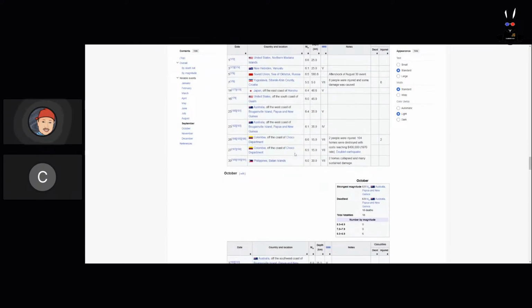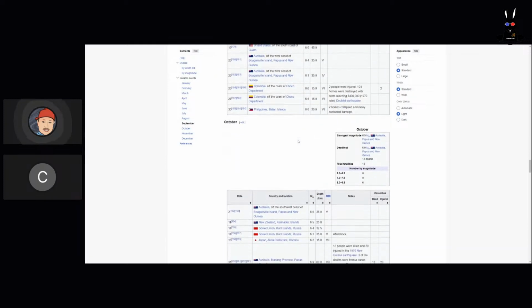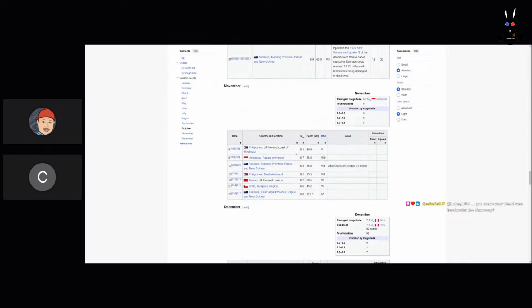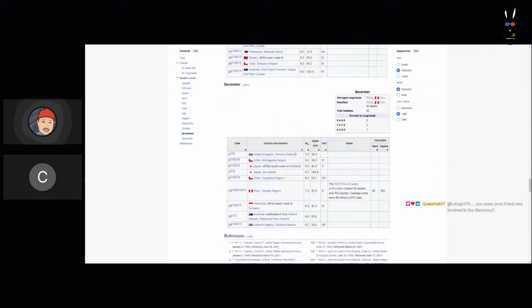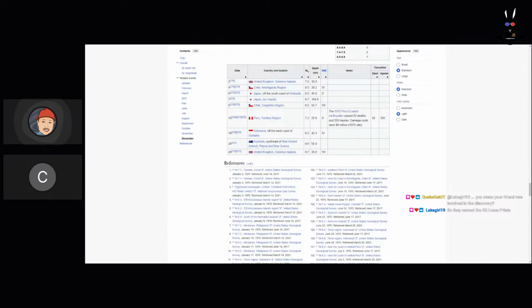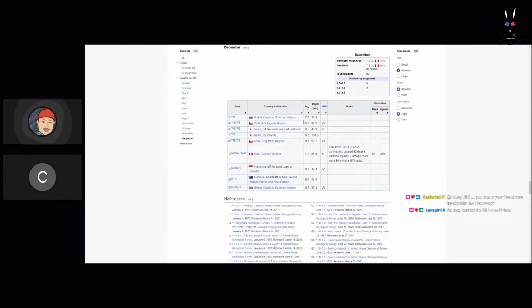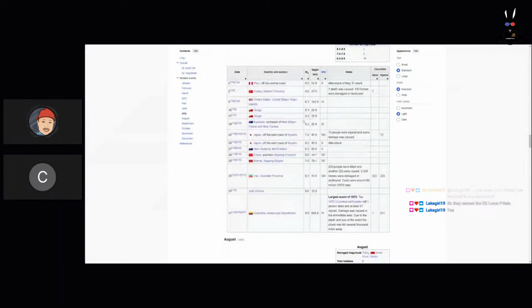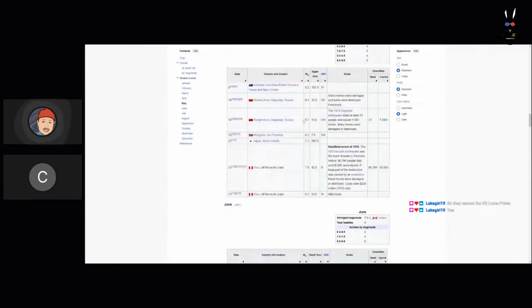Colombia, a more 6 and a 6.5. And then Peru again, 7.2. That's in December. So it went through the north.